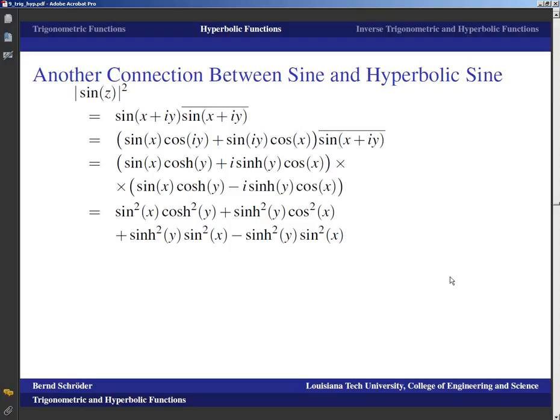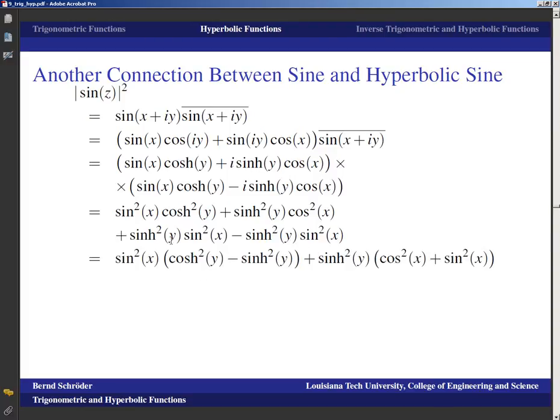And now we're going to expand that a little bit, because we can just add and subtract sinh squared y sine squared x, and we see why we're going to do that in just a minute. Now we can factor out a sine squared x out of the first and the fourth, and we get sine squared x times cosh squared y minus sinh squared y.